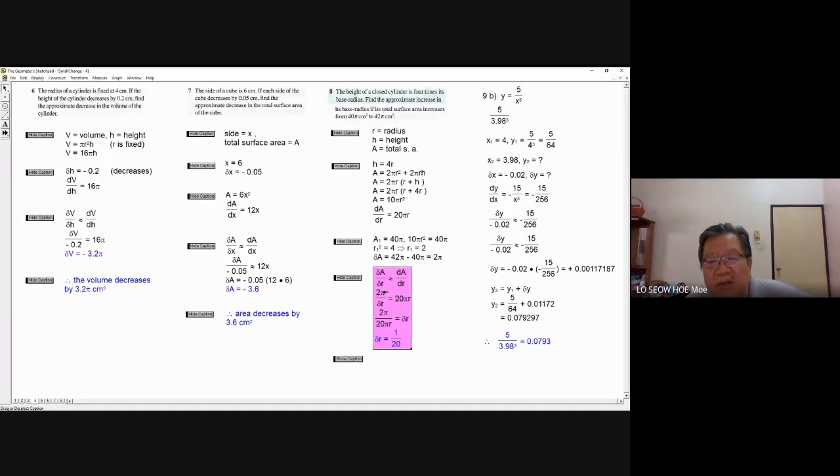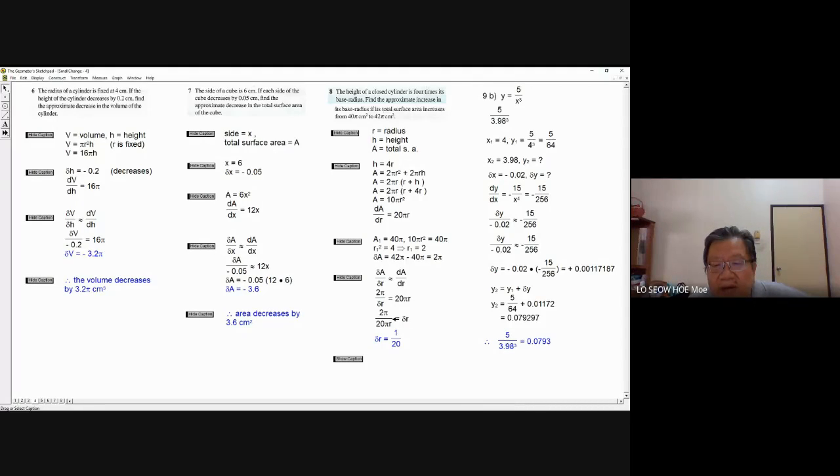Delta A, I replace with 2 pi. Delta R, we want to find. The A over the R, what is it? 20 pi R. But this R here, use R1 or R2? R1. So you put 2 here.